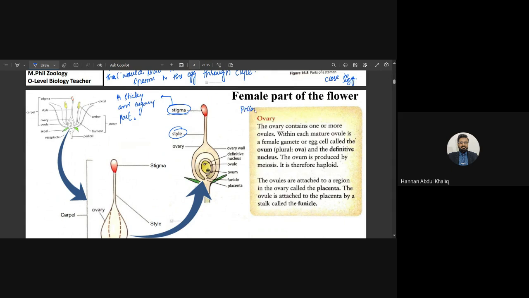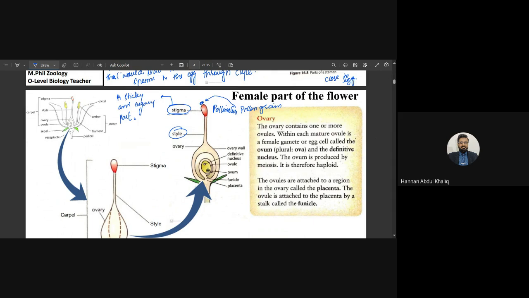When the pollen grain is coming through the air, it would fall on the stigma. The phenomenon is called pollination. Now the pollen grain must not leave it. It would be considered a successful pollination if the pollen grain would not leave it.